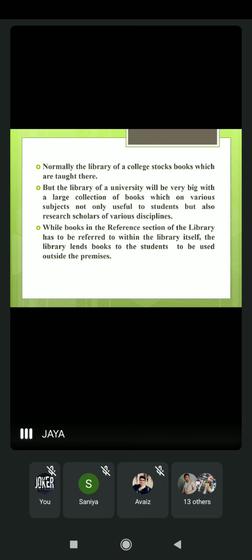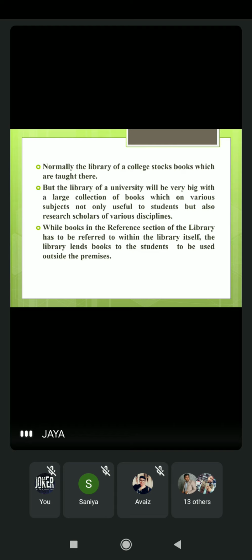Now, while books in the reference section of the library have to be referred to within the library itself, the library lends books to the students to be used outside the premises. We have two sections of textbooks. One is reference textbooks. The other is where you can read as well as carry the book to your home, the borrowing system.